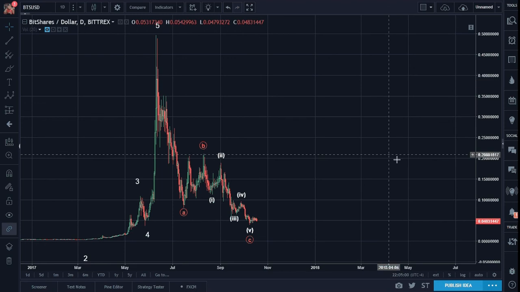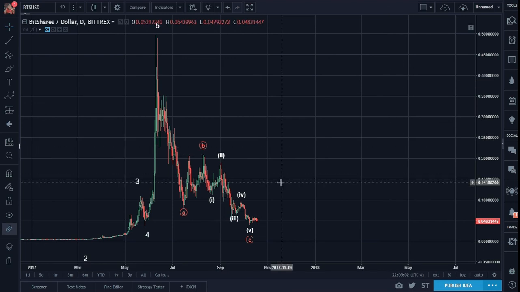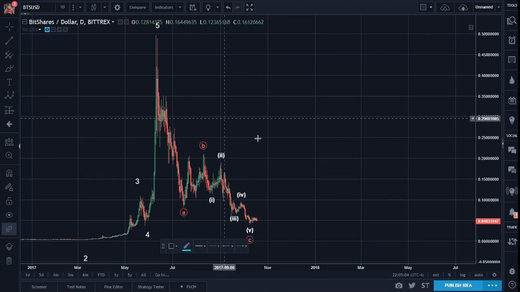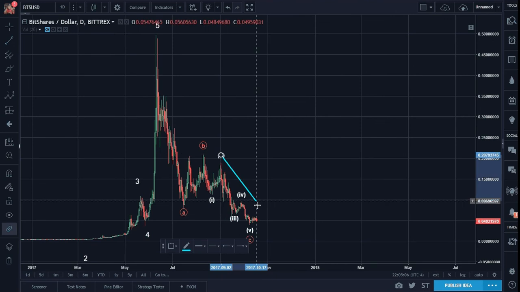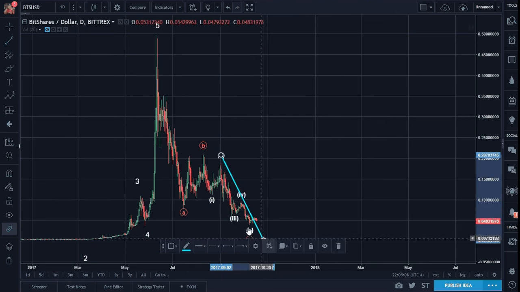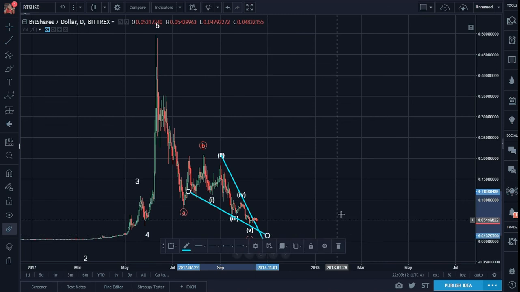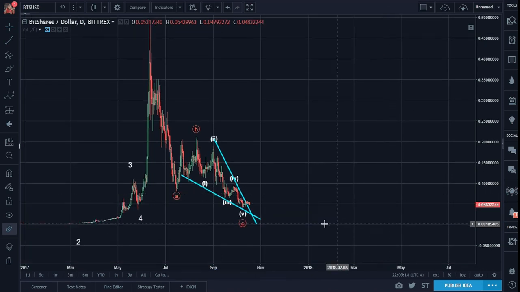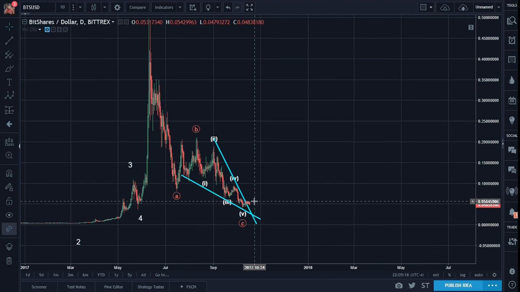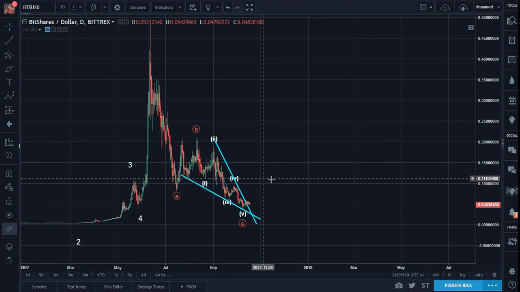And that could cause people to flock and flee into decentralized exchanges. And this triangle was very interesting. So we need higher highs as soon as possible to confirm this.